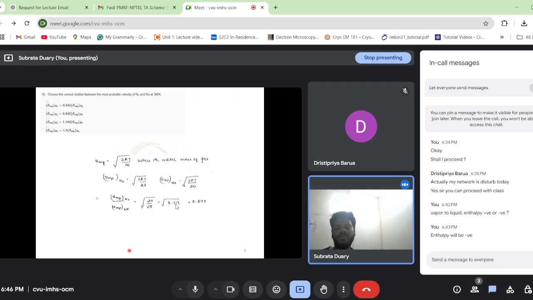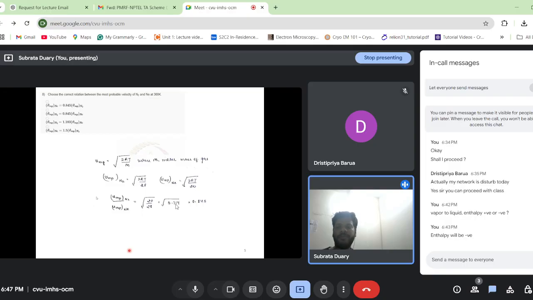So what is the conclusion from here? The conclusion is that if your gas has higher mass, then its most probable velocity will be less, just opposite. This is one of the conclusions from this slide.